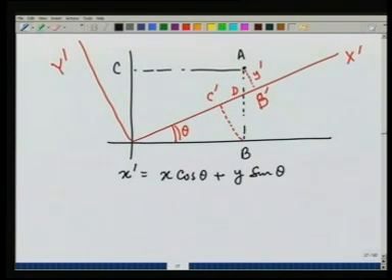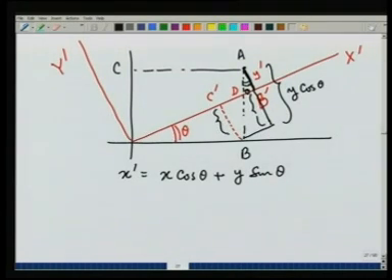Similarly, if I were to calculate y prime, this length, let me extend this here, this distance is nothing but, this angle is theta, y cosine of theta minus this distance, which is the same as this distance, which is nothing but x sine theta.